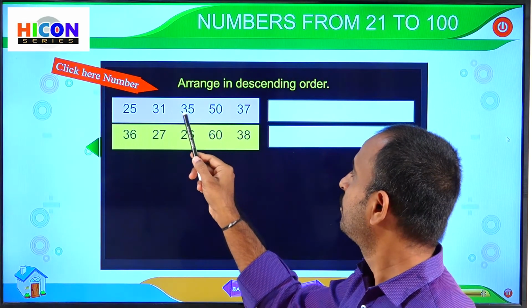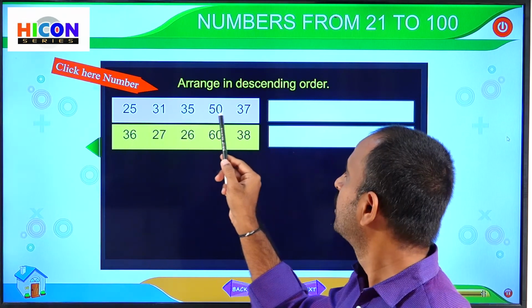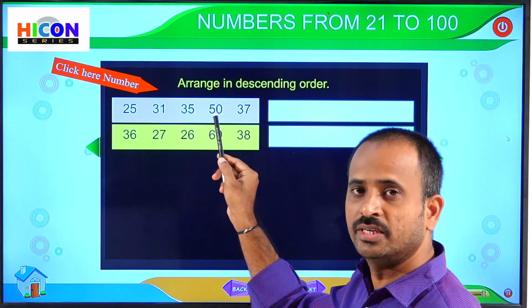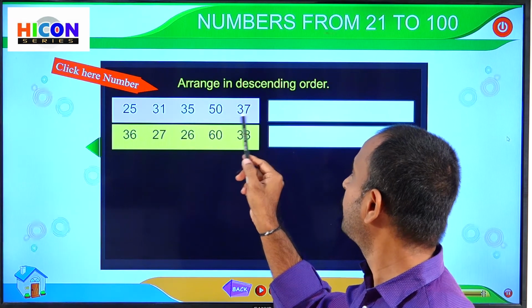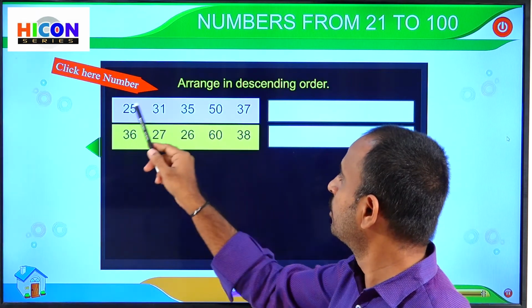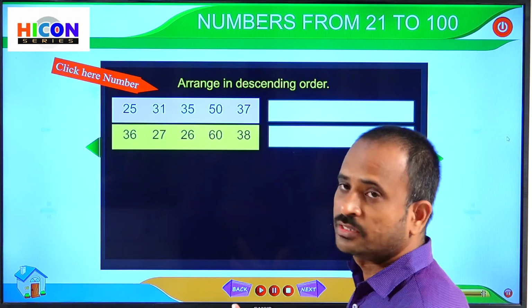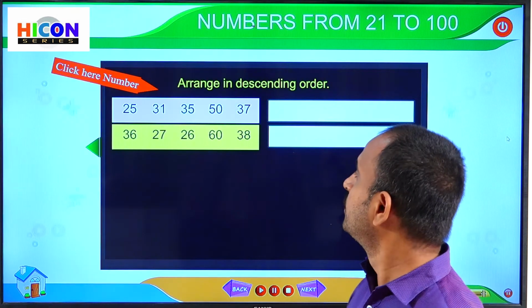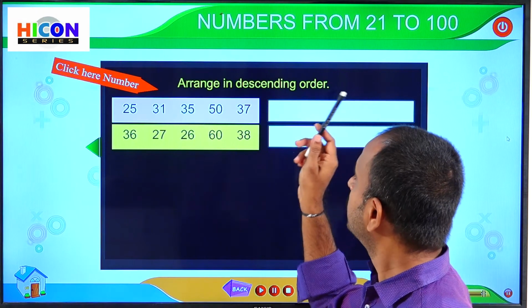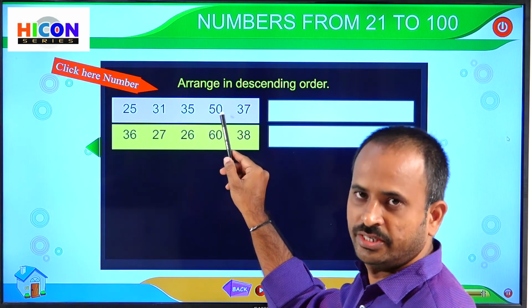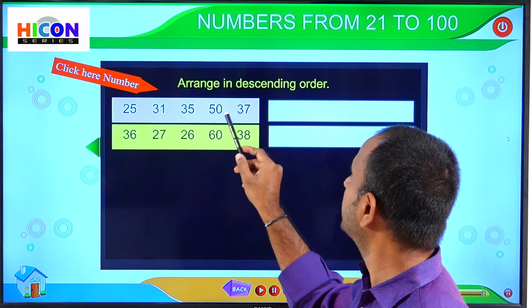In 35? 3. In 50? 5. In 37? 3. So among 2, 3, 5 and 3, which is the greatest digit? 5 is the greatest digit. That means 50 is the greatest number.